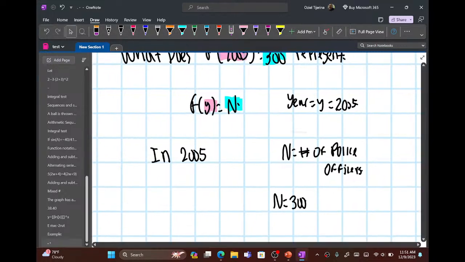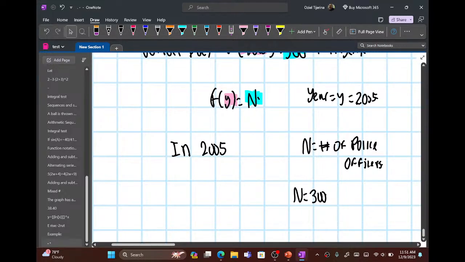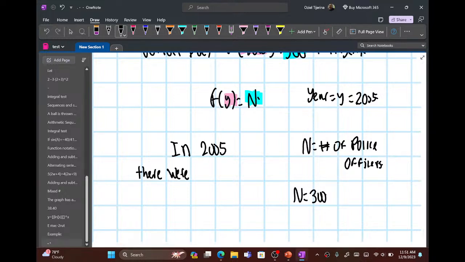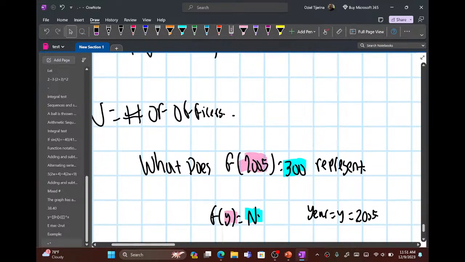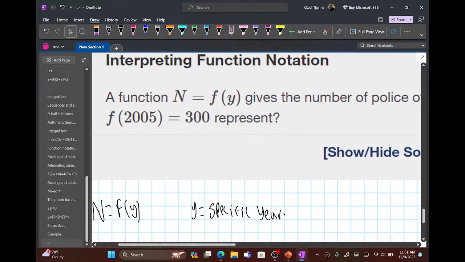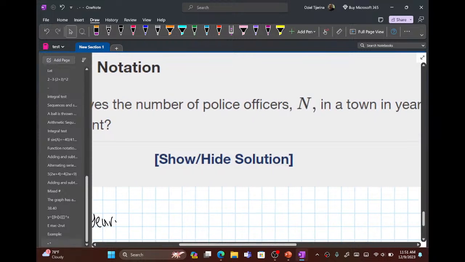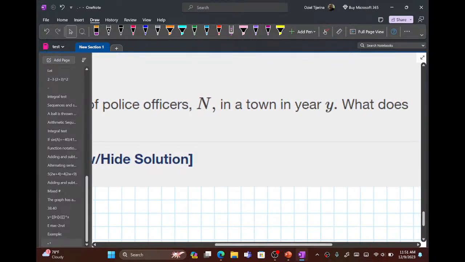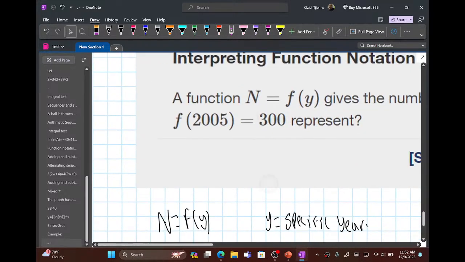In other words, in 2005, there were 300 police officers in a town.